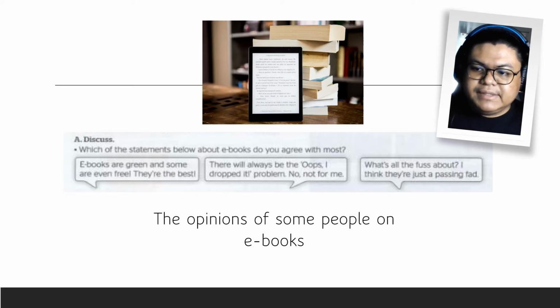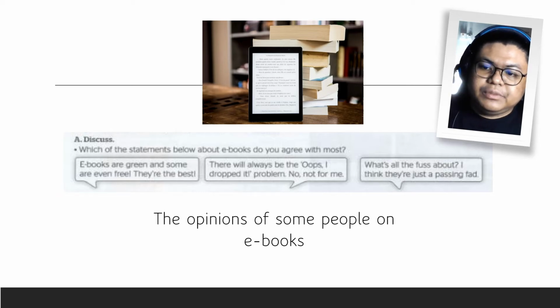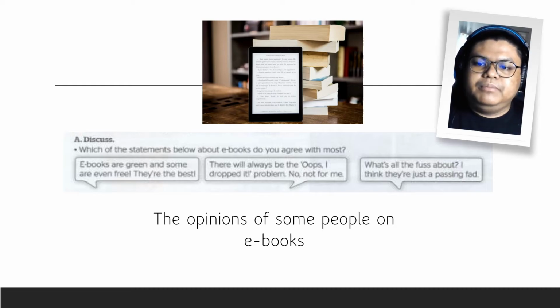Okay, so the first person says ebooks are green and some are even free. They are the best. Okay, so that is the first opinion. The second one is there will always be the oops, I dropped it problem. No, not for me. Okay, that is the second opinion.